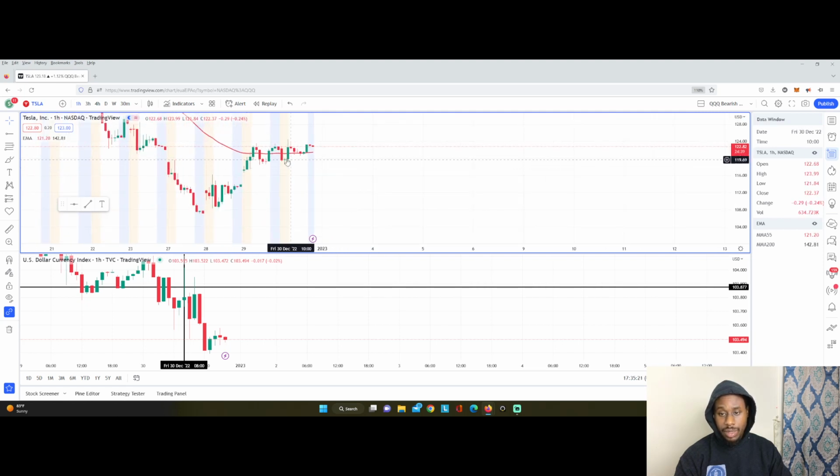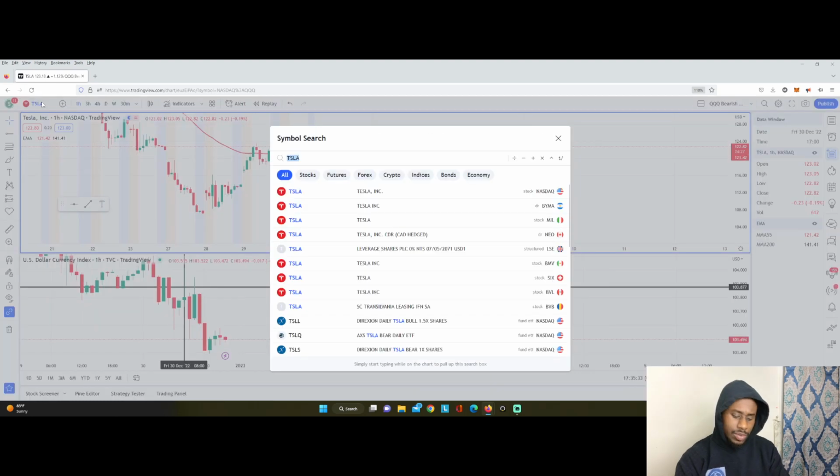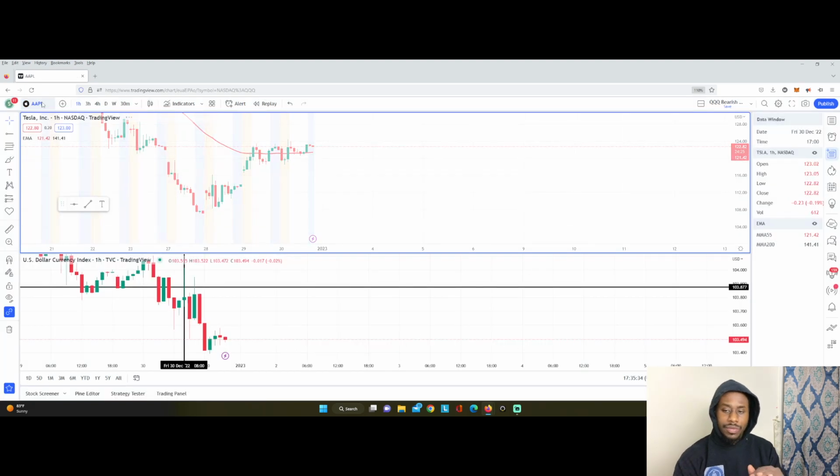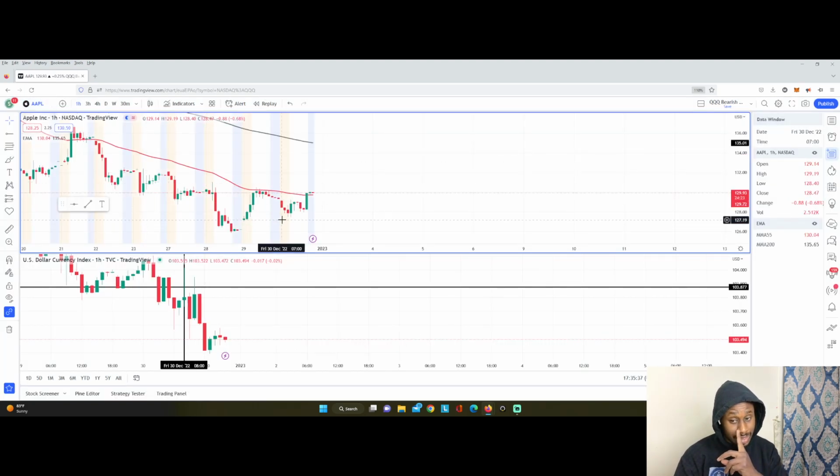So Friday, after that move up, you did not get a move back up until around 3 p.m. That's what I don't like. Even though it should not follow it to the T, I don't like when it just does a range thing like that.